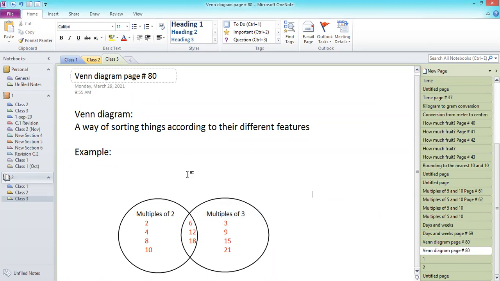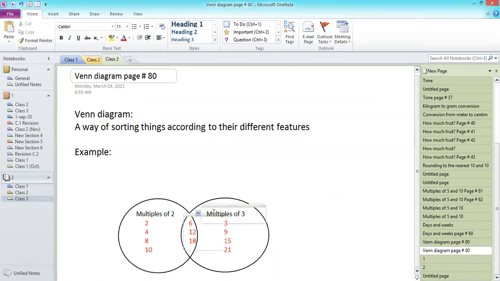So a way of sorting things according to their different features. Example, we have multiples of 2 and multiples of 3. These all are multiples of 2: 2, 4, 6, 8, 10, 12, 14, 16, 18. These all are multiples of 3: 3, 6, 9, 12, 15, 18, 21.